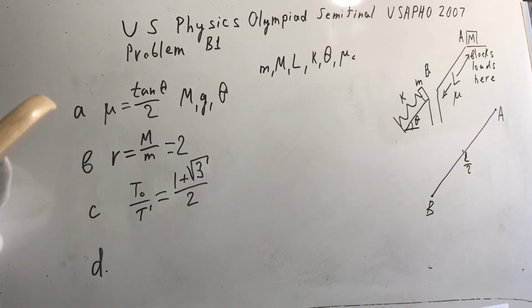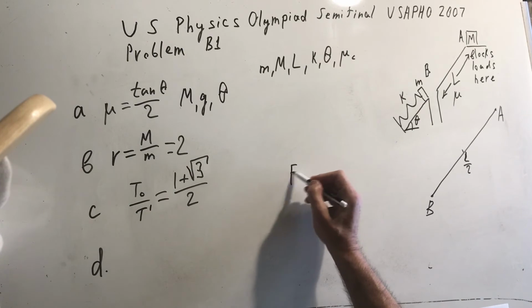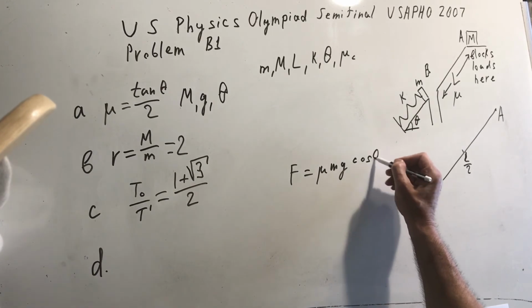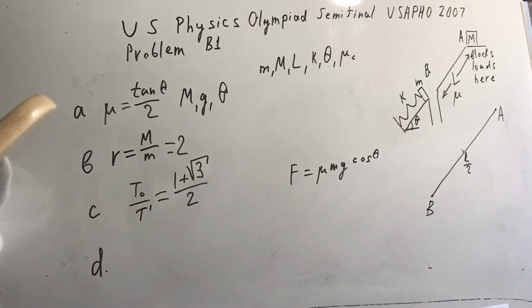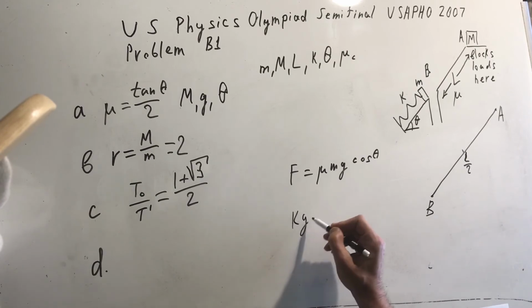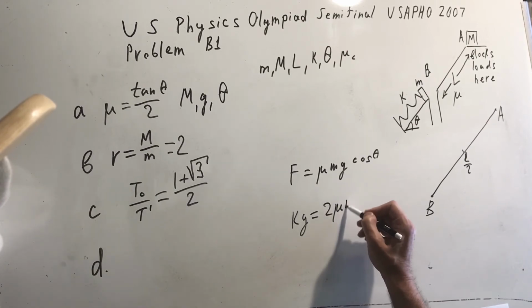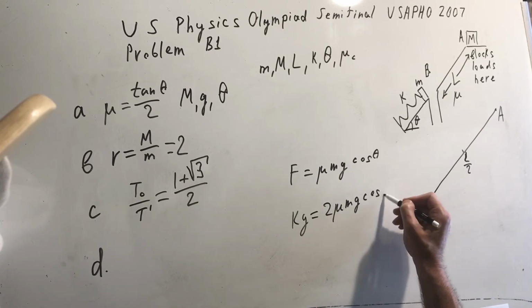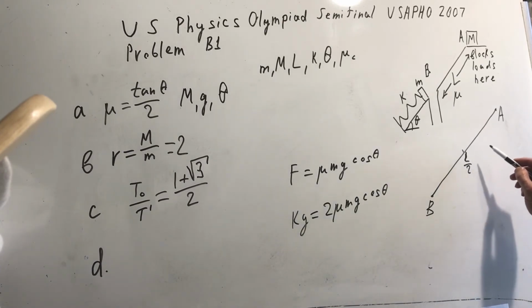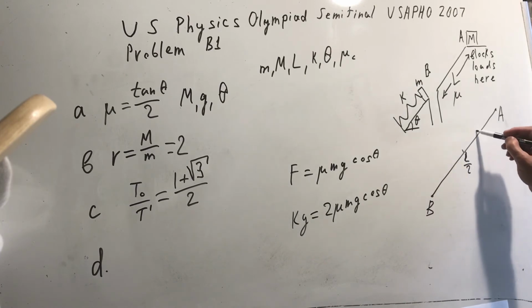If we are moving down, the direction of the force of friction changes, and because it is equal to mu mg cosine theta, we need to change this force twice and make the equilibrium at the point ky equal 2 times mu mg cosine theta, where y is how much this equilibrium shifts from the midpoint right here.